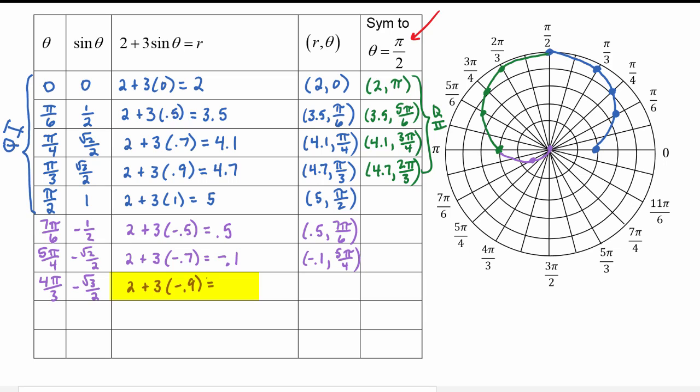We know this is negative 2.7, so we're doing 2 minus 2.7, negative 0.7. So our point is (negative 0.7, 4 pi over 3).